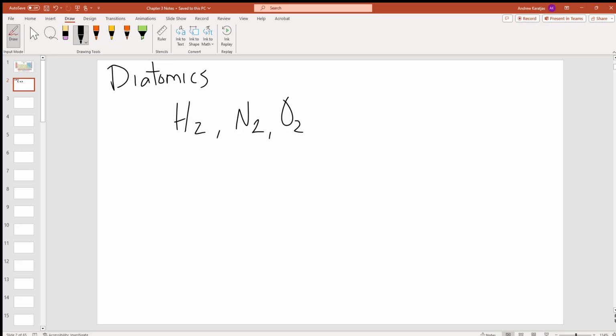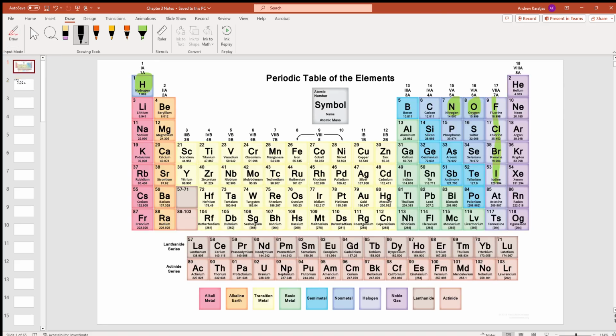So again, hydrogen, nitrogen, oxygen, and then our group 17 elements: fluorine, chlorine, bromine, and iodine. Now you might be wondering, why have I essentially ignored the two elements below iodine?